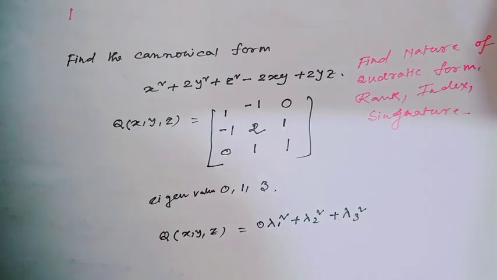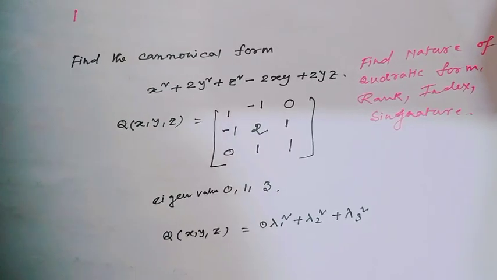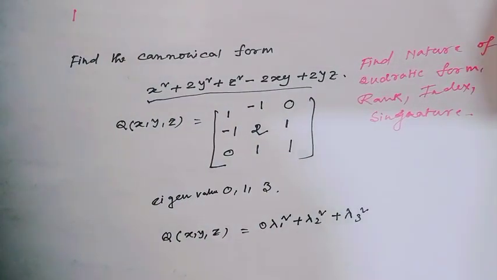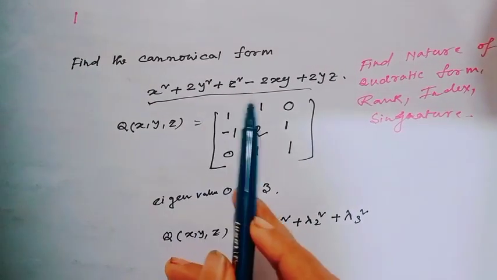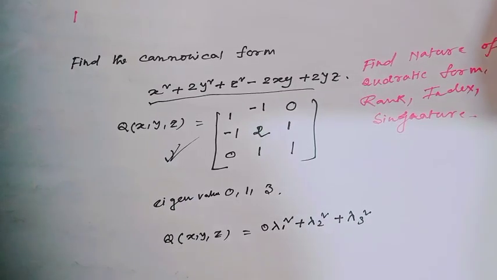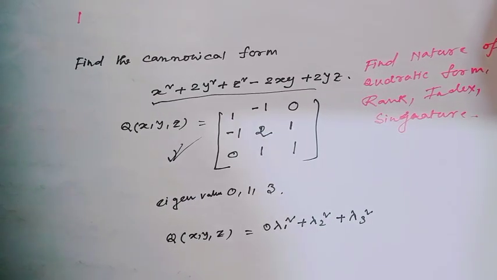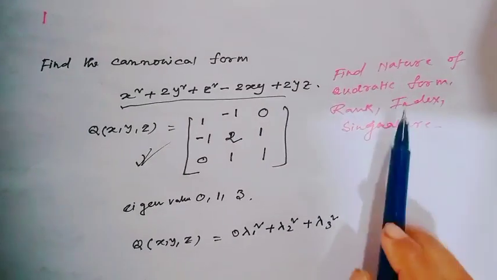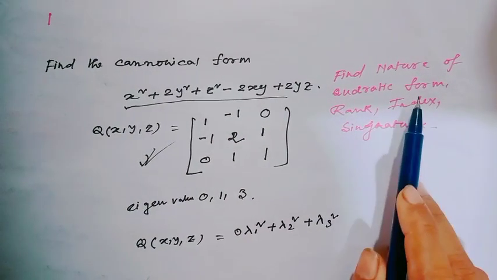Now I will see the nature of one quadratic equation. This is the given quadratic equation. Obviously this quadratic equation represents this matrix, which is obviously a symmetric matrix. Then the question: find the nature of the quadratic form.